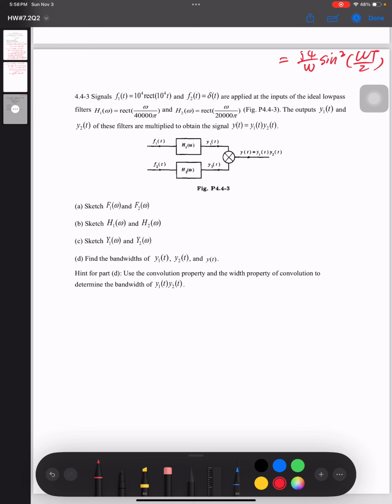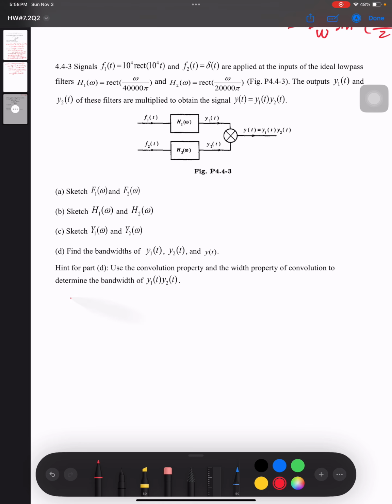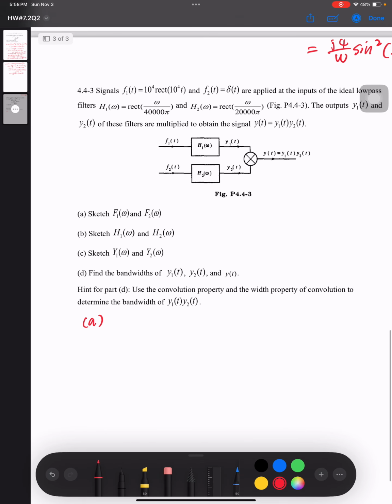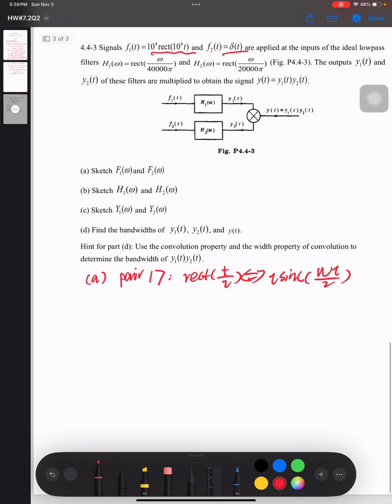For part A, we know the signals are a rectangular function and a delta function. According to pair 17, a rectangular function rect(t over tau) has Fourier transform tau sinc of omega tau over 2. And for pair 2, delta(t) has Fourier transform 1.